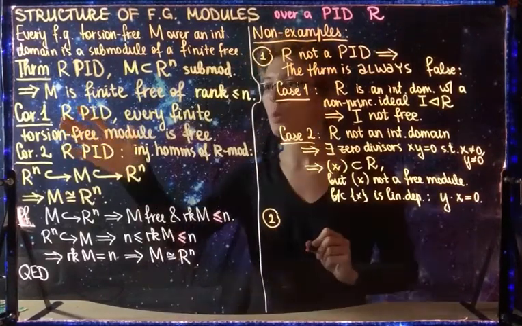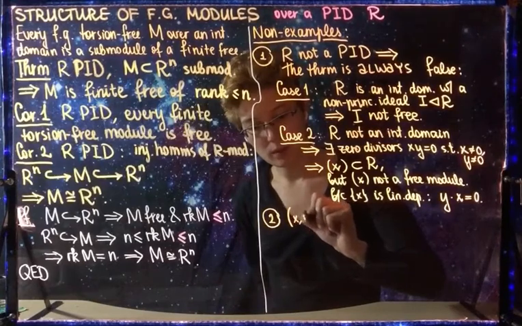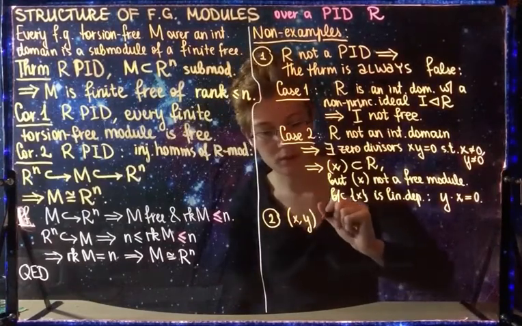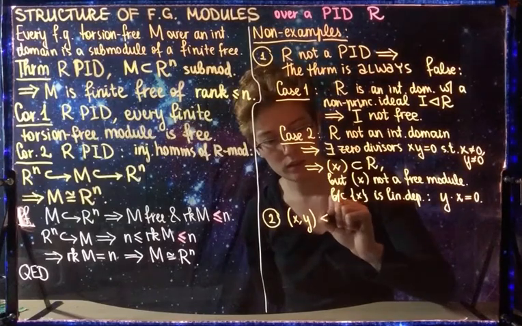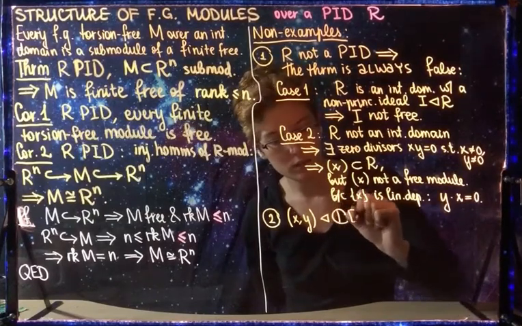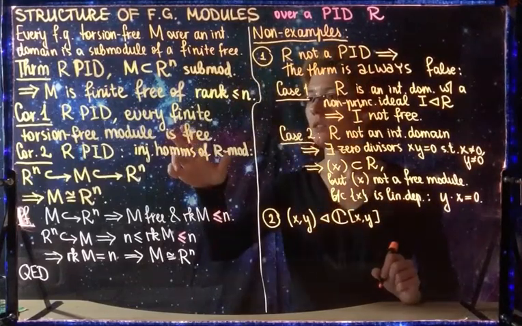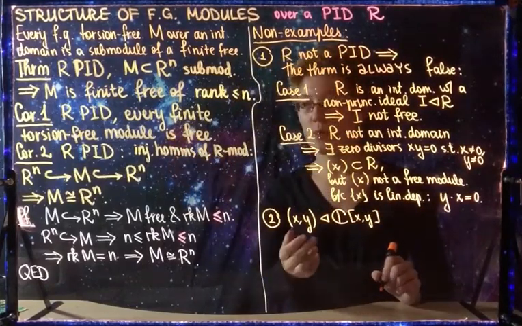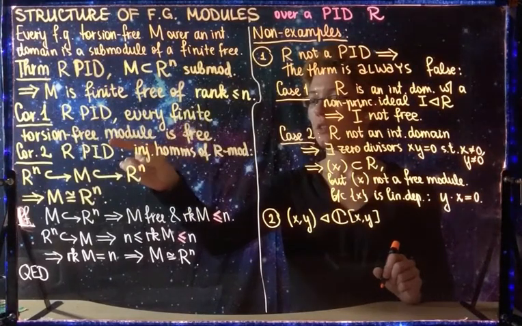Okay, so corollary 1: if we consider the ideal generated by x and y inside C[x,y], then it is not free, although it is finitely generated and torsion free.